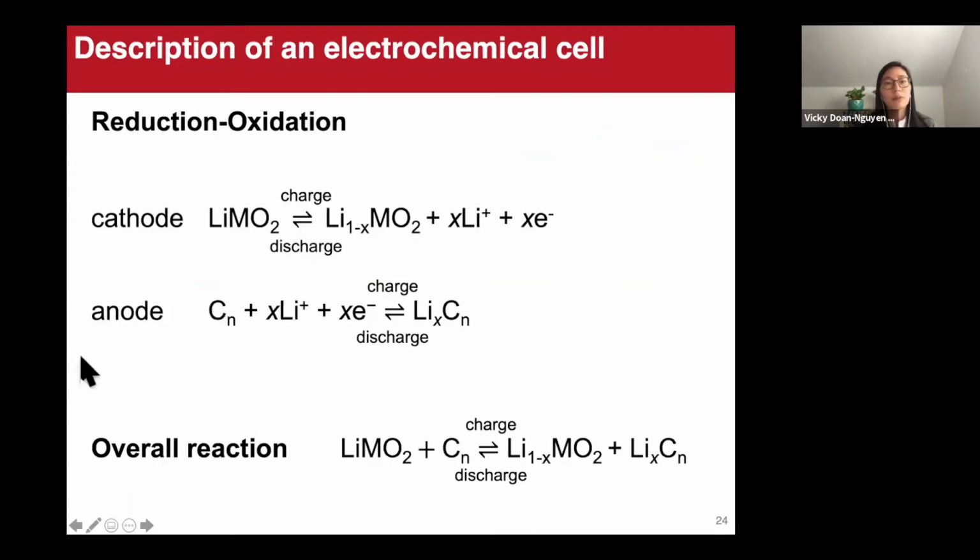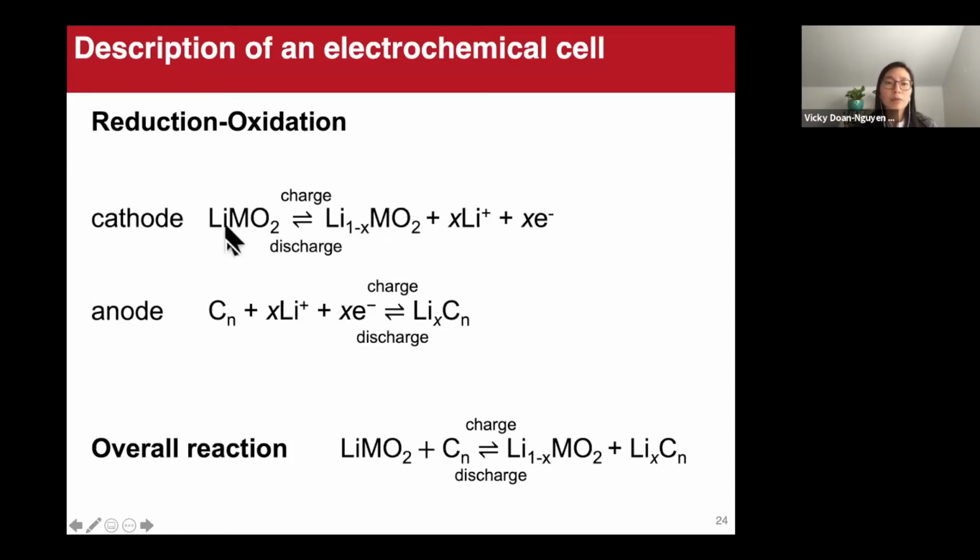In terms of what's happening chemically, let's talk about the reduction-oxidation reaction. So upon discharge at the cathode, here I just have generically lithium MO2, where M is, let's say, a 3D transition metal. So in that case, let's give the example of lithium cobalt oxide. Well, lithium cobalt oxide, upon charge, so the right arrow here, as you're charging, you're delithiating.